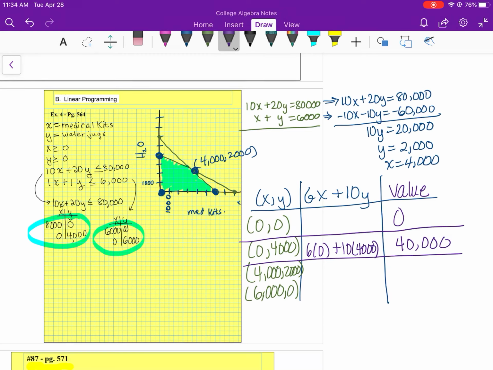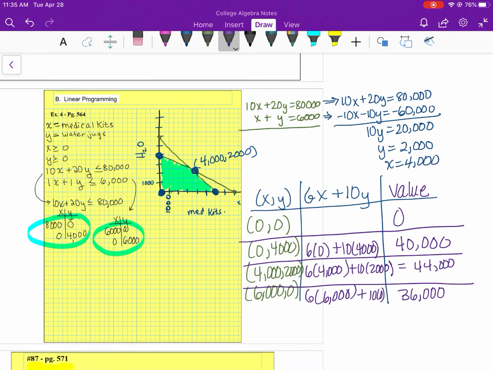If I put in 4,000, 2,000, you'll get 24,000 plus 20,000, so that's 44,000. And if you put in 6,000, 0, you'll get 36,000. 6 times 6,000 plus 10 times 0.